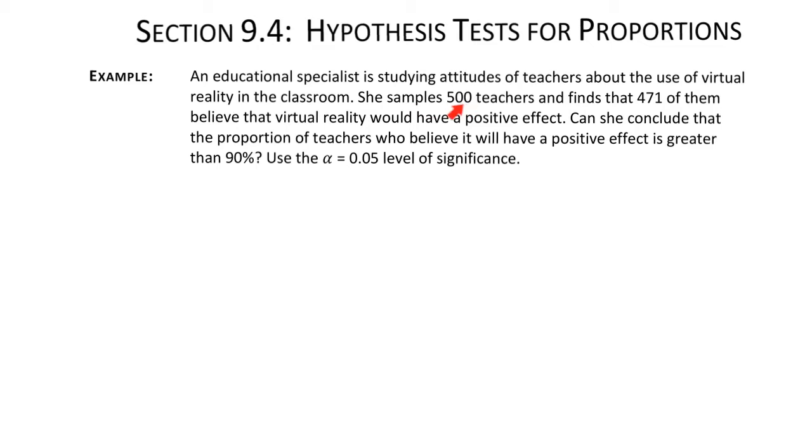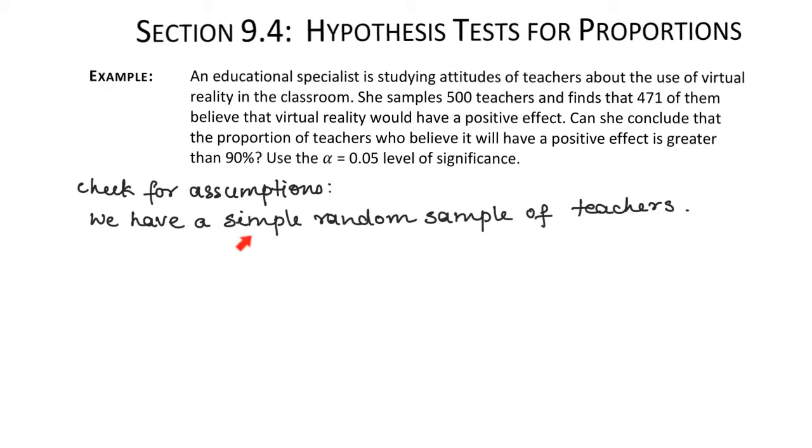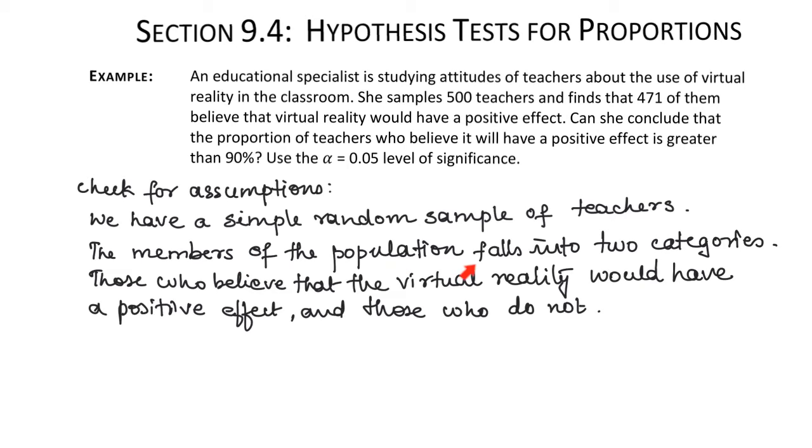The sample size is 500 and X is 471. That is the number of individuals in the sample who are in the specific category. Here the categories are those who believe that the virtual reality would have a positive effect, and the other category is the people who don't believe. We have a simple random sample of teachers. The members of the population fall into two categories: those who believe that the virtual reality would have a positive effect and those who do not.